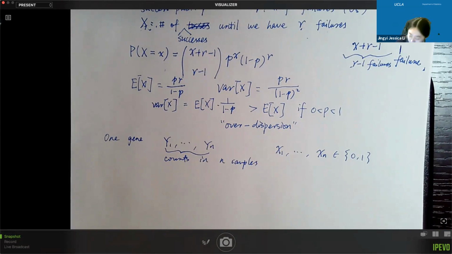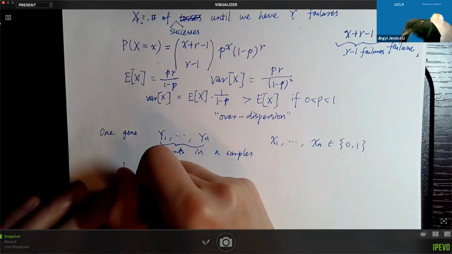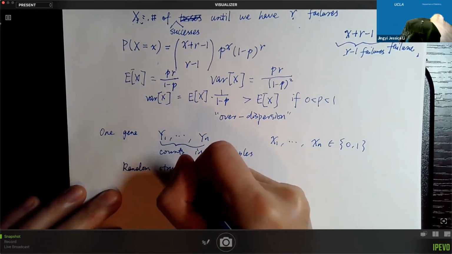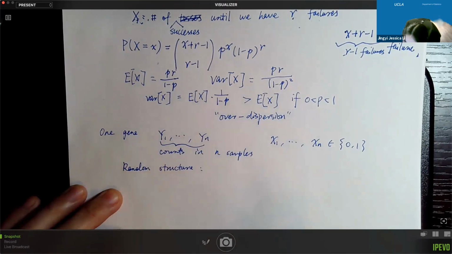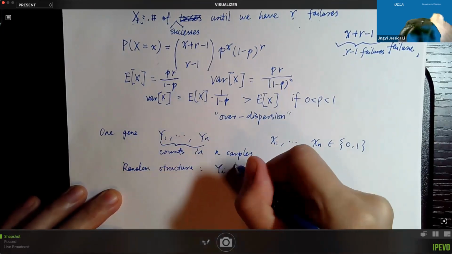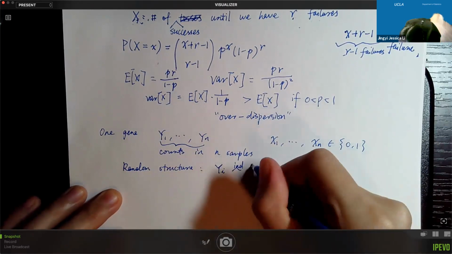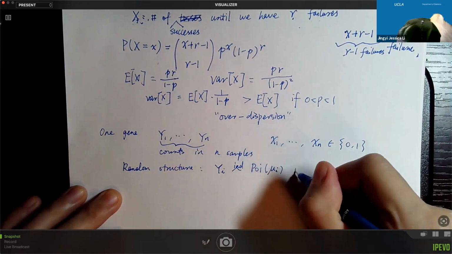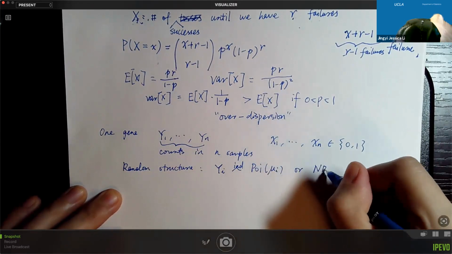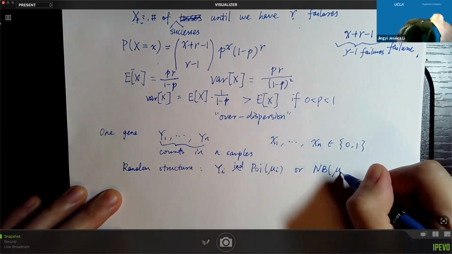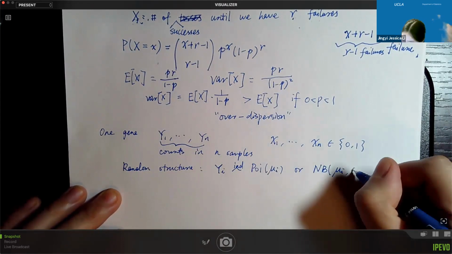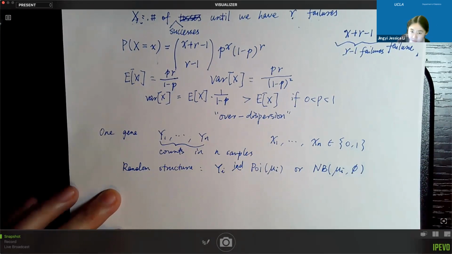These two regression models, like I said before, have a random structure which assumes that each count independently follows a Poisson distribution with mean mu i, or a negative binomial distribution with mean mu i and a common dispersion, which is assumed to be unknown. I'll put it here, phi.